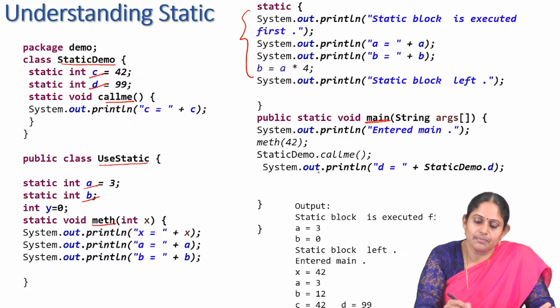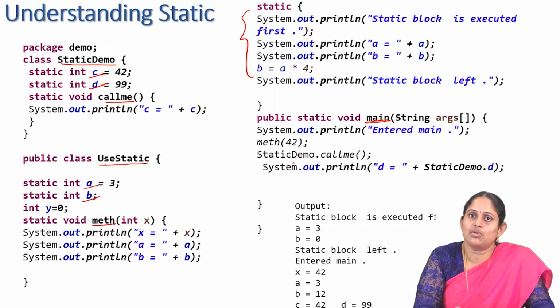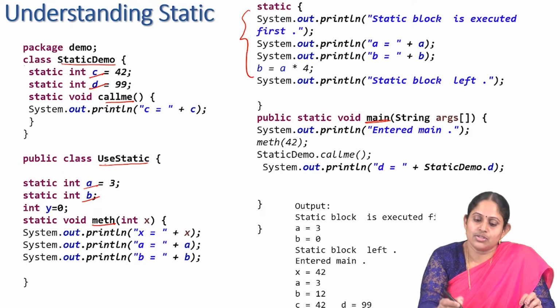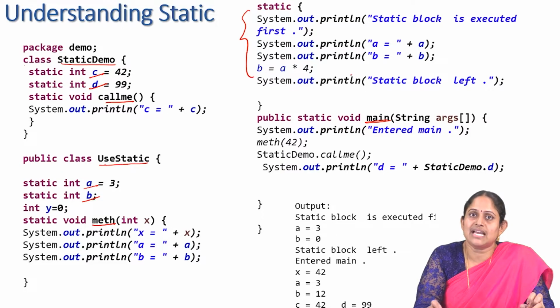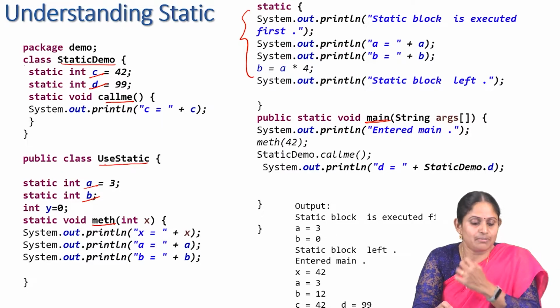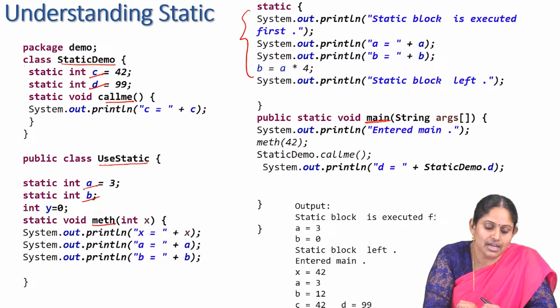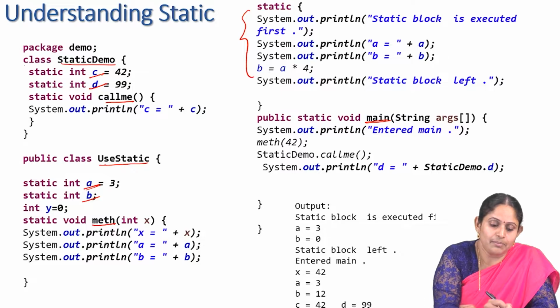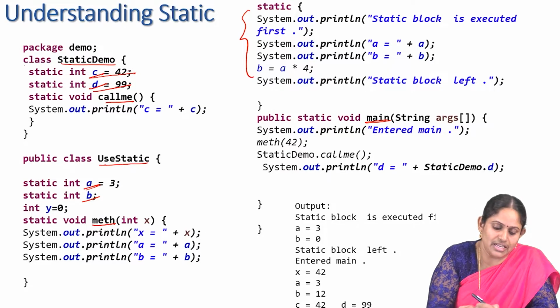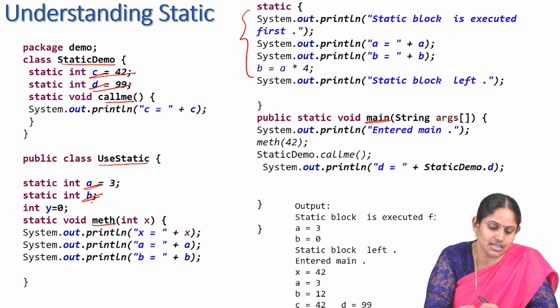So what happens here? When this program is loaded onto memory, it is the static block which will be executed first. And at that point, all the static variables will be initialized. So here we have A set to 3, C and D set to these values, and B is only declared, so B's value will be set to 0.